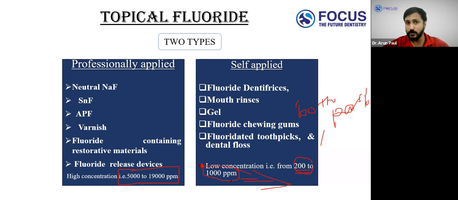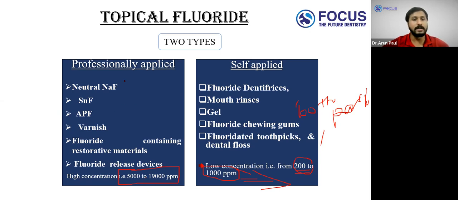Most toothpastes, if you look at the label, make a note of the fluoride content. Dentifrices, mouth rinses, gels, fluoride chewing gums, and fluoridated toothpicks and dental floss are examples of self-applied. These are applied by the patient, where you prescribe and they can do it by themselves. They don't need much supervision because the fluoride content is less. The whole purpose of regulating the amount of fluoride is to prevent toxicity.